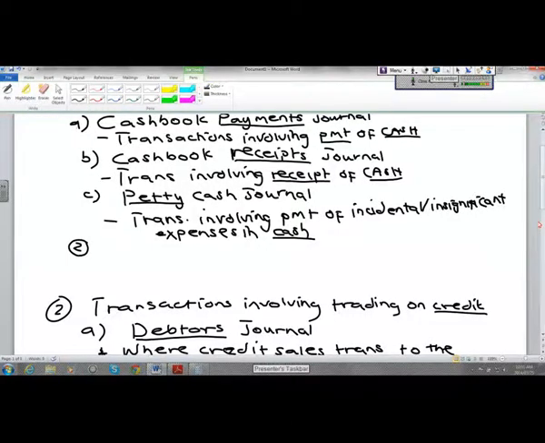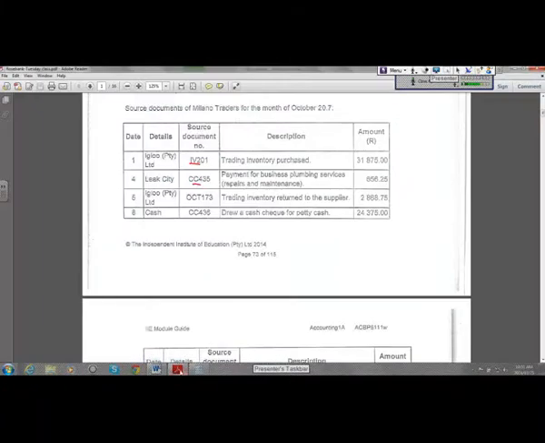So let's say debtors journal is when we are selling on credit to the debtor, and creditors journal is when we are buying on credit. All right, so let's look at our transaction here. You see, we are buying the inventory on credit, so which means this one will be recorded in the creditors journal.